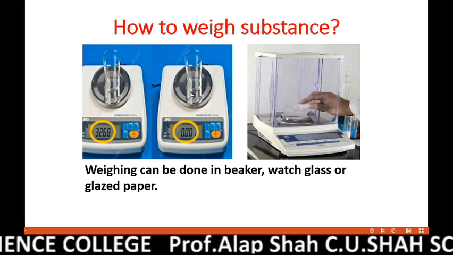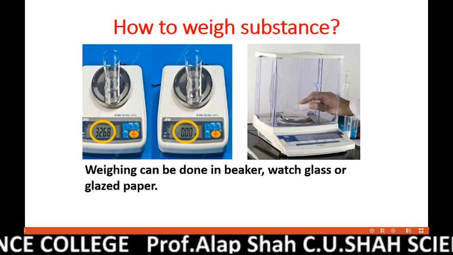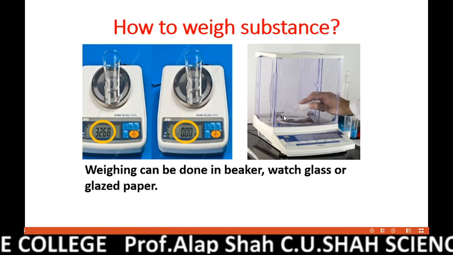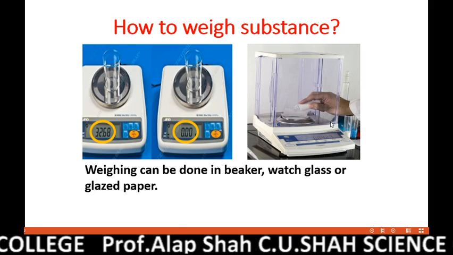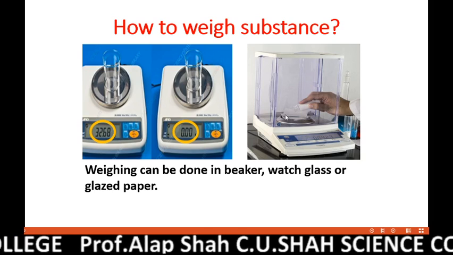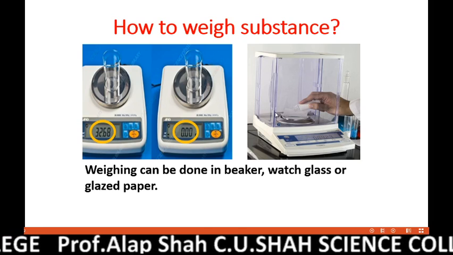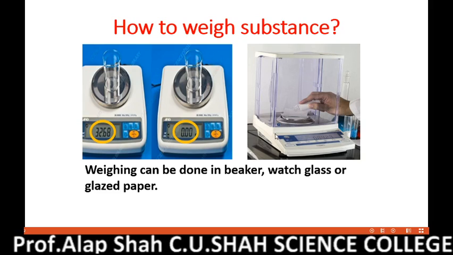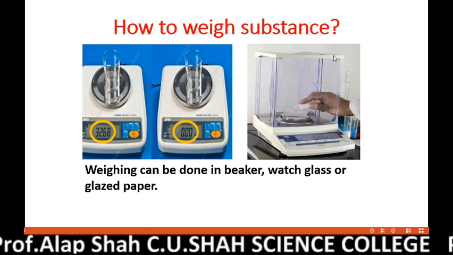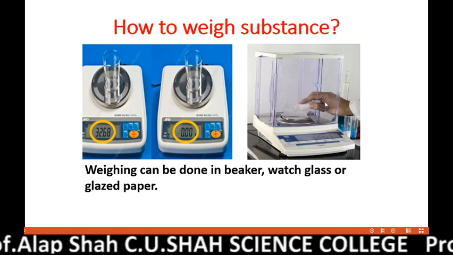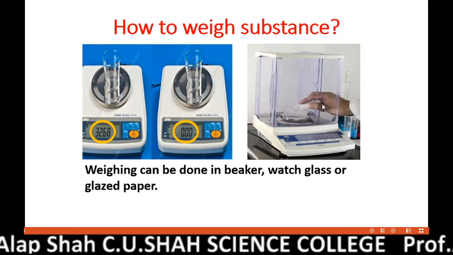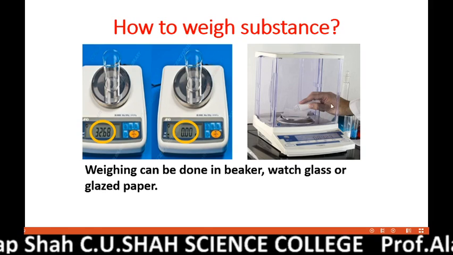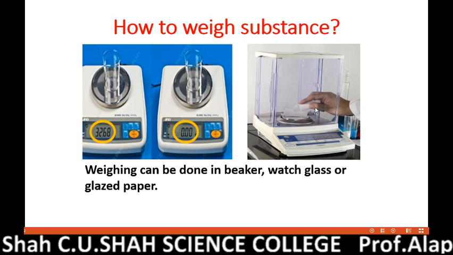This kind of weighing is also done using a watch glass instead of a beaker, or sometimes on a piece of paper as shown in the second figure. In this figure you can see another kind of scale. A glass cabinet is given, with a window on the side so we can easily put our hand in.